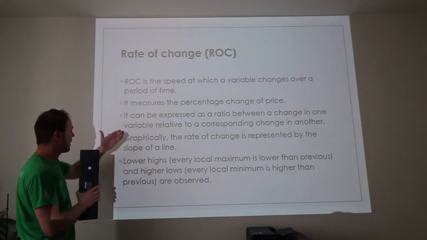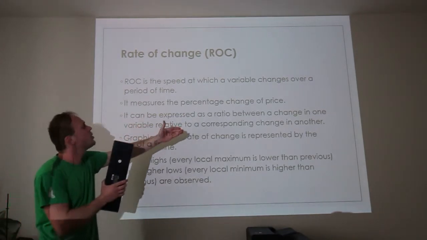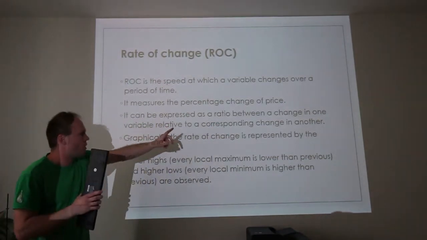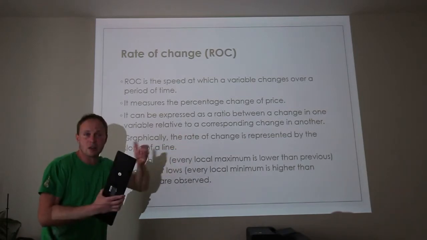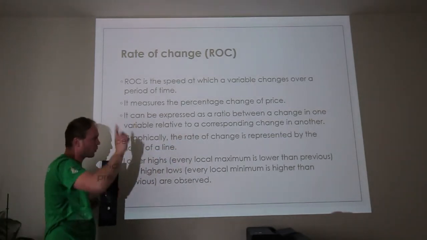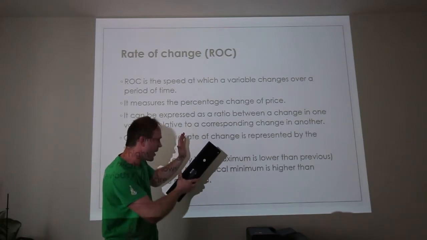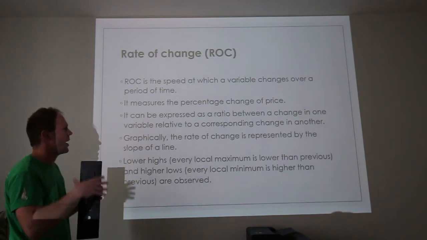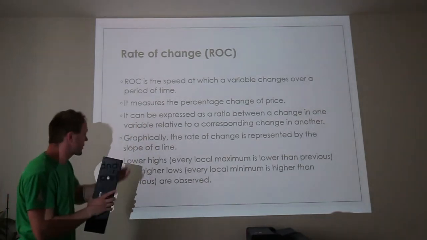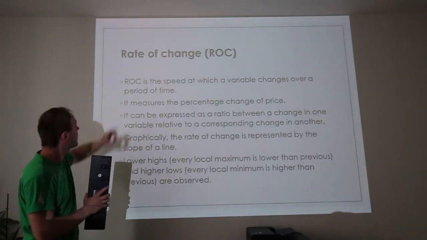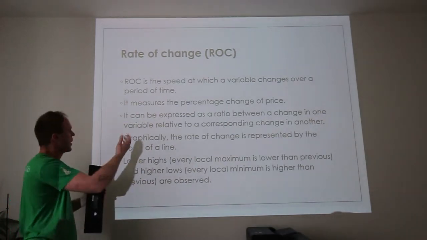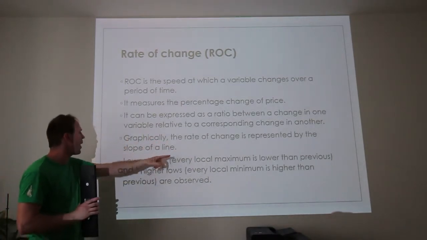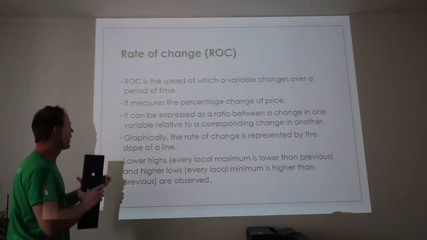It can be expressed as a ratio between a change in one variable relative to a corresponding change in another. It is possible to illustrate the rate of change graphically. The rate of change is represented by the slope of a line.